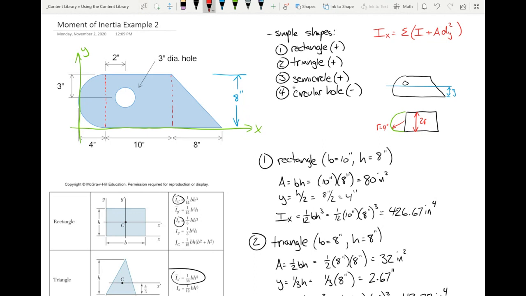It's not 3. Remember, this semicircle has a radius of 4 inches. Here, you can see right there, that's where the centroid is. And we're asking ourselves, how far is that distance? That distance is just going to equal the radius in this case, which is 4 inches.